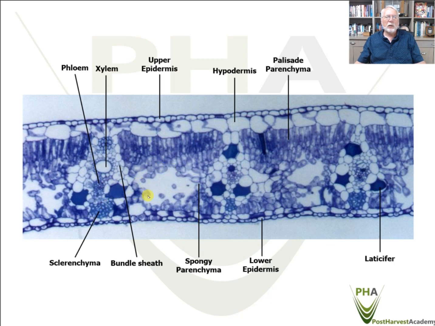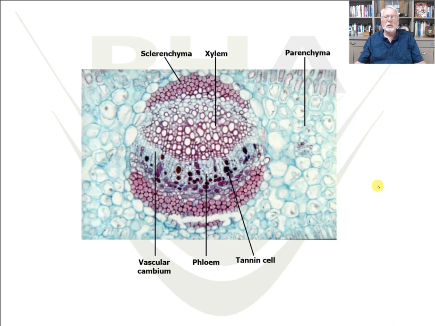We have spongy parenchyma with large air spaces, and we have specialized tissues such as laticifer cells, which contain the latex of the leaf. This is a cross-section through a protea leaf vein, and we can see here the xylem tissue, the phloem tissue, the vascular cambium tissue, and then tannin cells, as well as the parenchyma tissue and the palisade parenchyma.